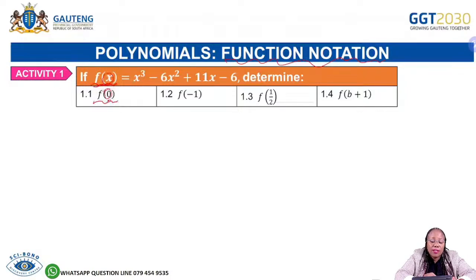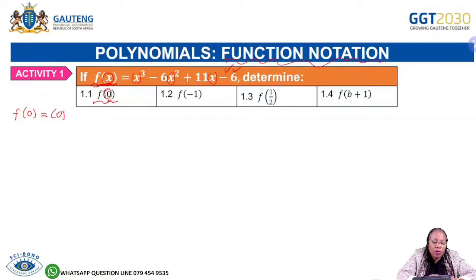The easiest way of doing this, grade 12, is to ensure that your x is inside the bracket, because you will be substituting something into that x. I hope we are still together. Let's take our f of 0. In this expression, we are going to substitute our x with 0.